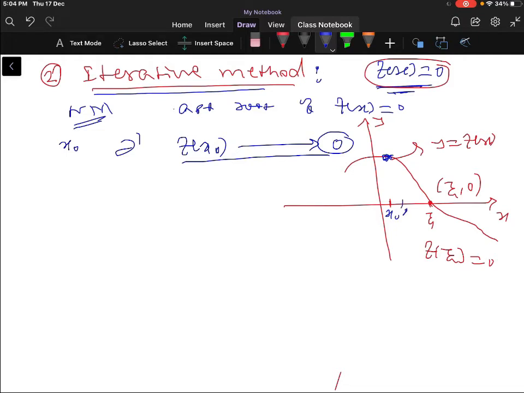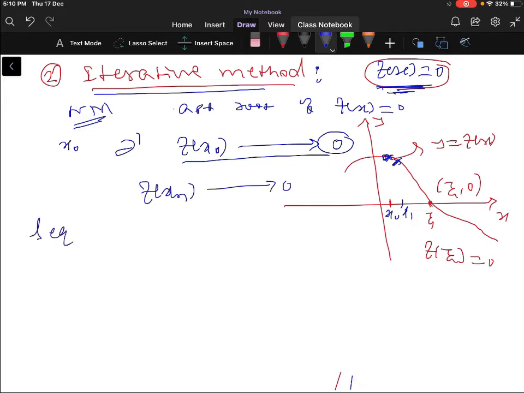Let us take x1 here. f of x1 is this point. When compared to x naught, x1 is a better approximation. So keep on constructing the better approximation of the equation f of x equal to 0 such that f of xn approaches to 0.